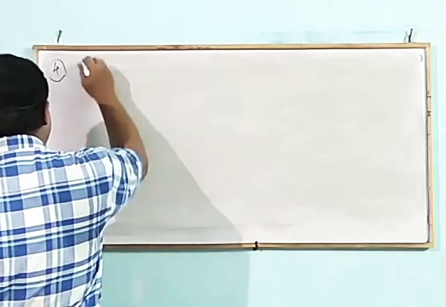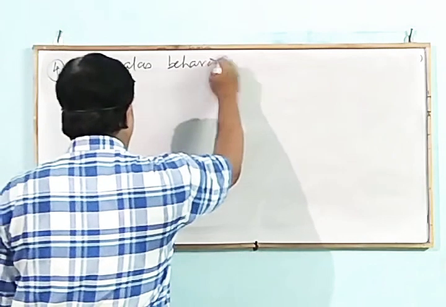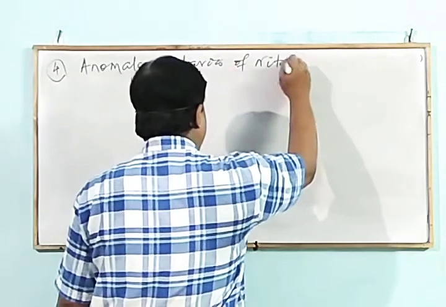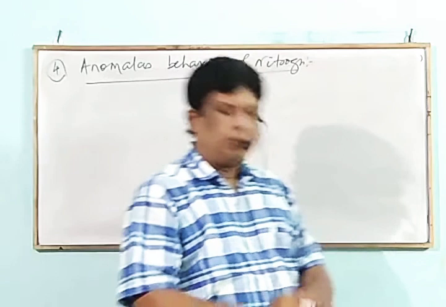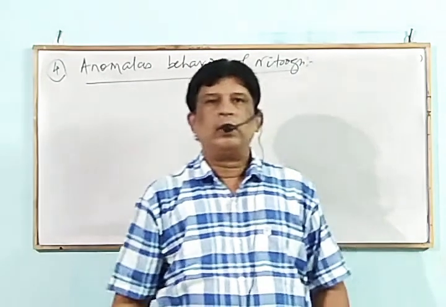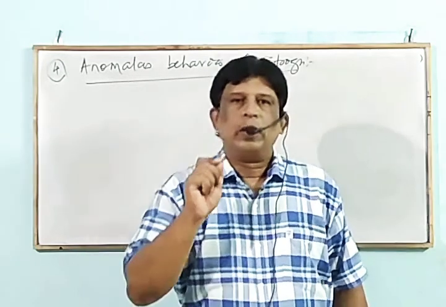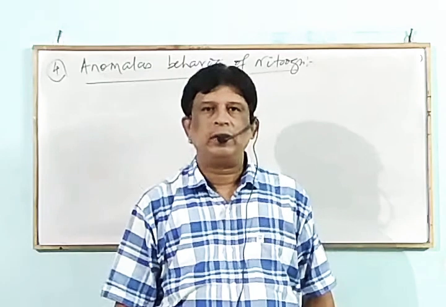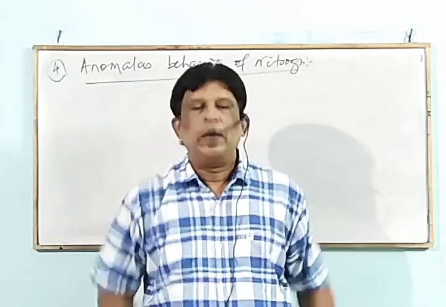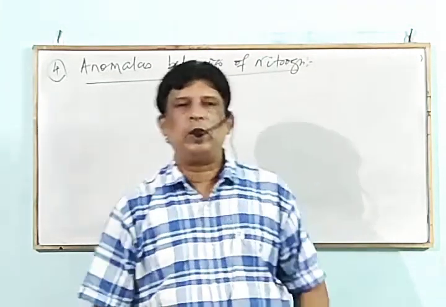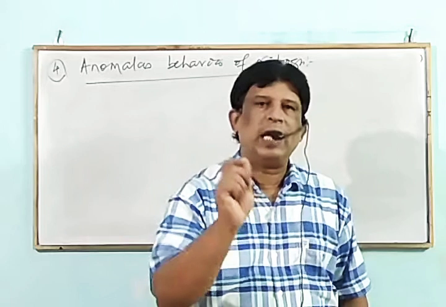Like oxygen of group 16 and chlorine of group 17, nitrogen of group 15 also exhibits different, peculiar, abnormal behavior from other members of this family. Here, two questions are there, each carrying 2 marks.